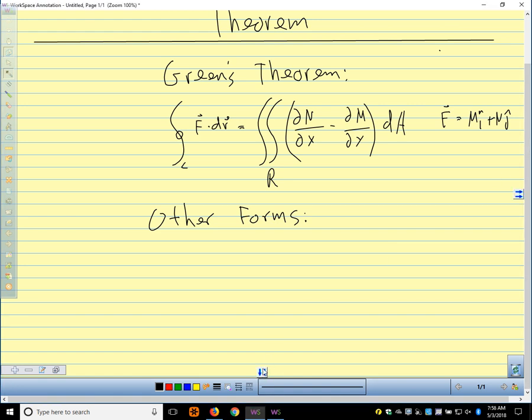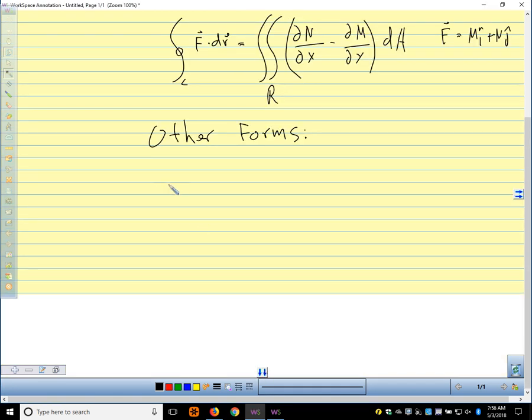We said that the line integral over our curve of F dot n ds was equal to the double integral over our region of the divergence of F. Here we were integrating the outward component of F around the boundary of the region, and we said that was equal to the divergence of the field integrated over the entire region.